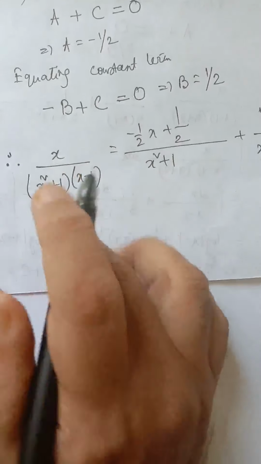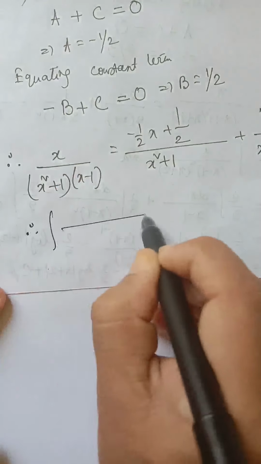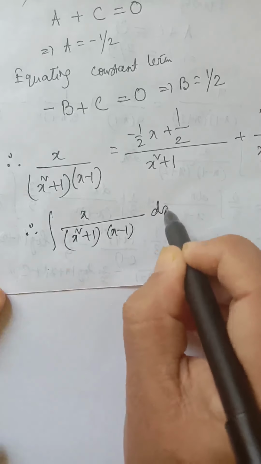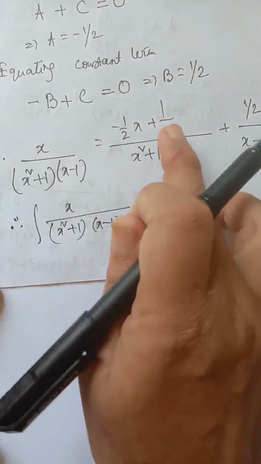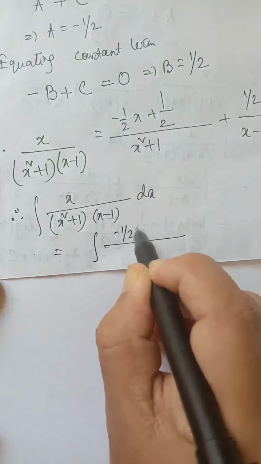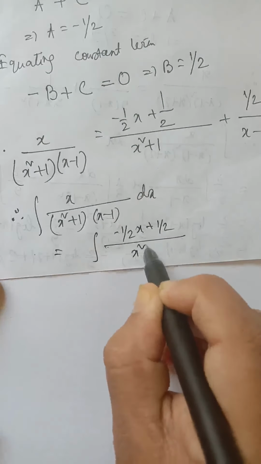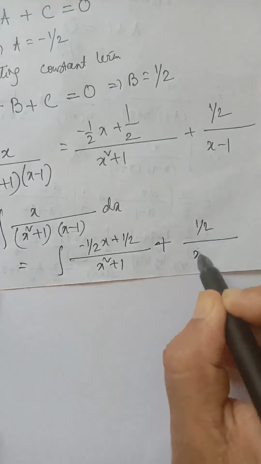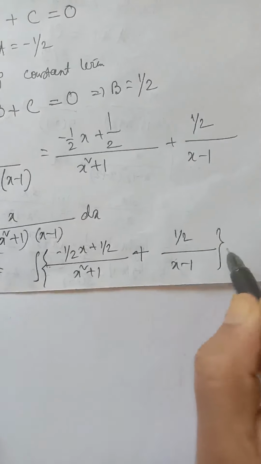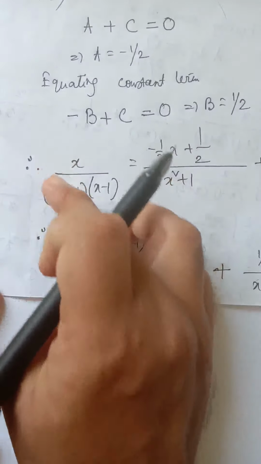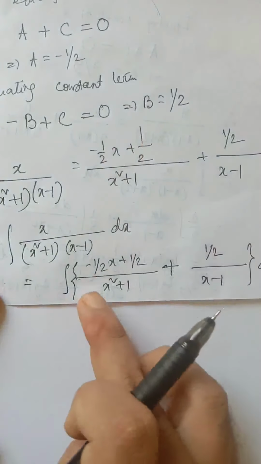Therefore the integration of this is equal to the integration of this plus the integration of this. As this is equal to this plus this, the integration of this term means integration of this plus integration of this.